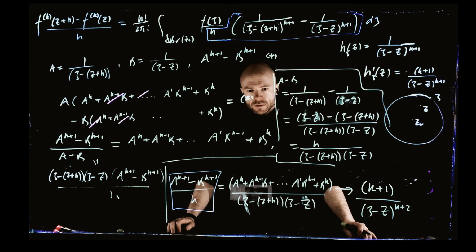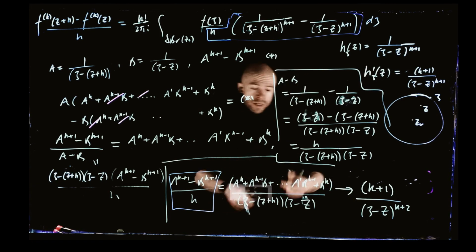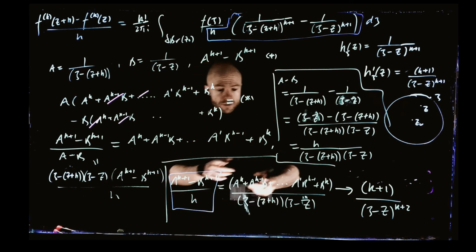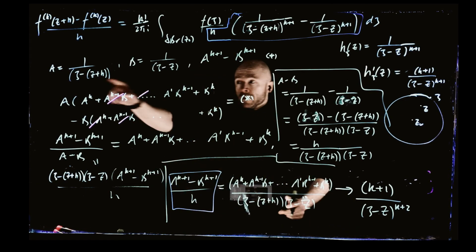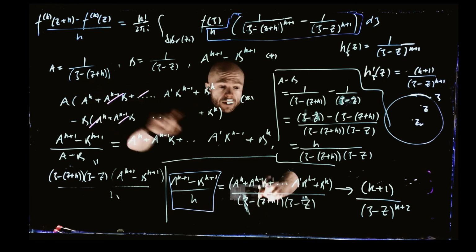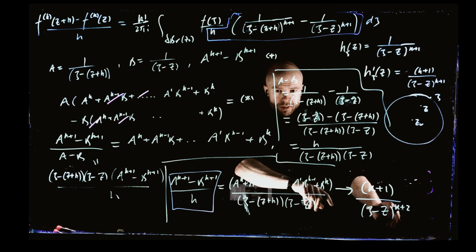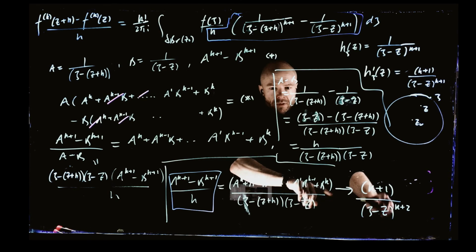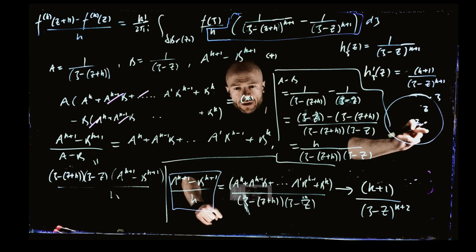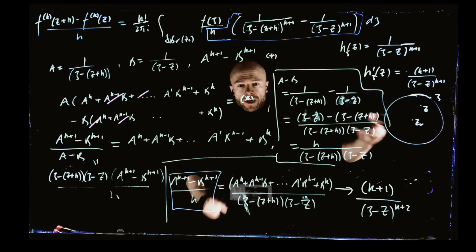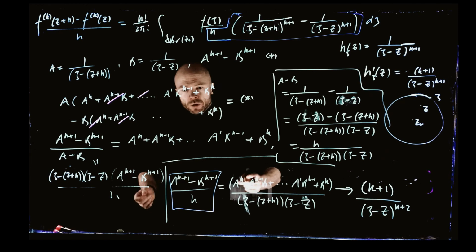Yeah? Cool. And what's even better about this is that we have an explicit formula here, so that we can see that this stuff will tend towards this thing, uniformly for all zeta around the outside, so long as we let h be small enough.